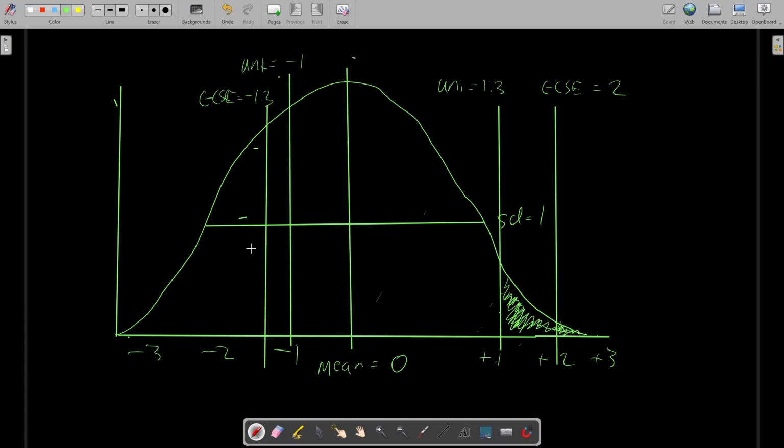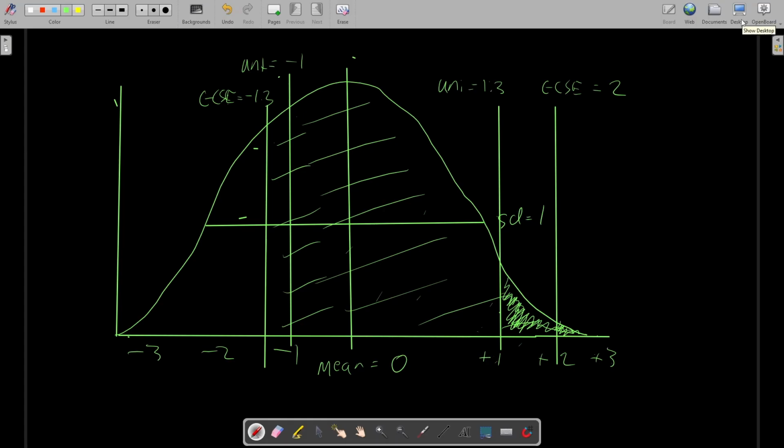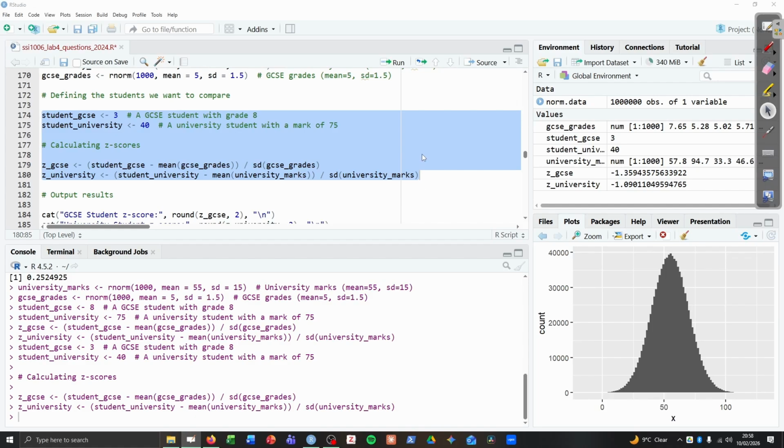So in this case, then, it's the university student, rather, that is doing better than everything up to here, whereas the GCSE student is a bit lower down the distribution. They've got more people ahead of them. So these Z scores then can be used to compare the position in the distribution across different distributions or different units of measurement, so long as that distribution is assumed to be normal or roughly normal.